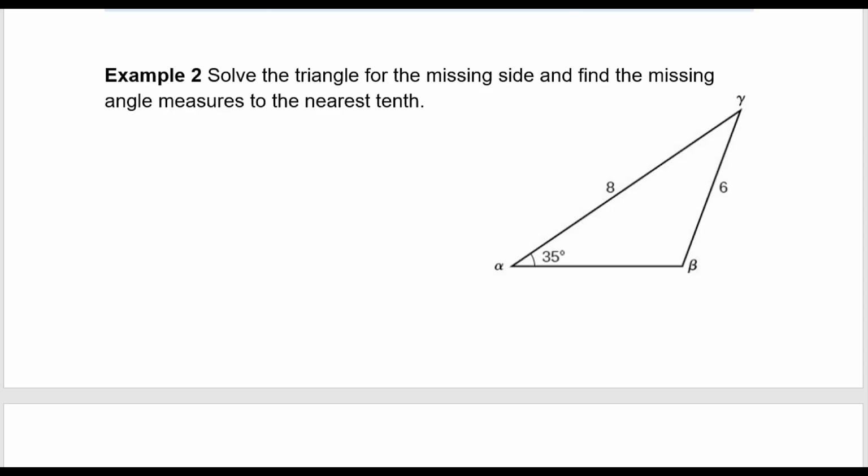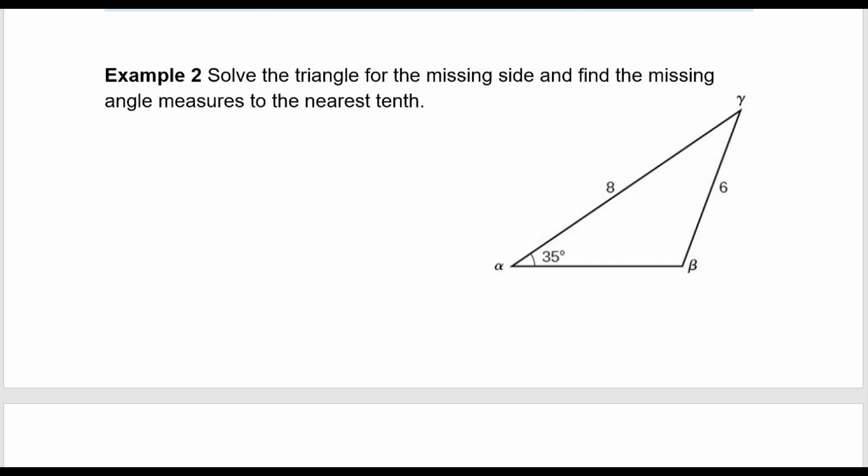So, solve the triangle for the missing side and find the missing angle measure to the nearest tenth. So we have a side and an angle that's not included, that's not between them. This is the side-side angle scenario, as I just called it. So we want to look at solving this.